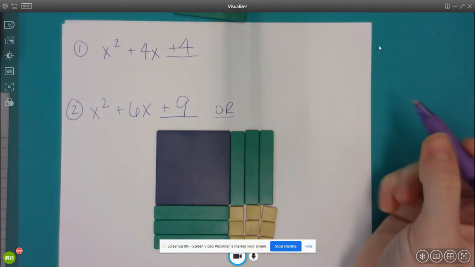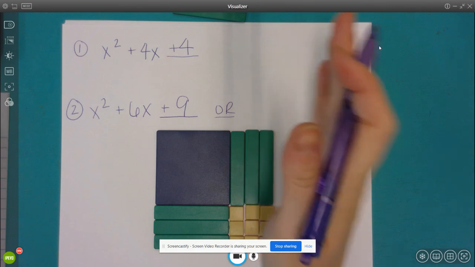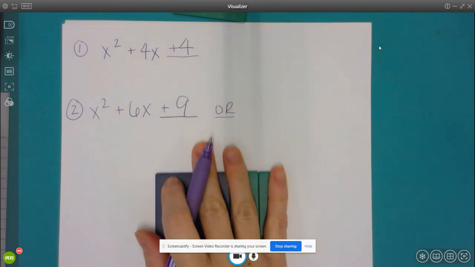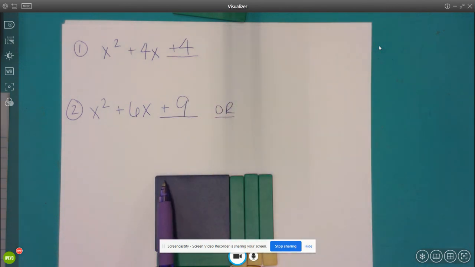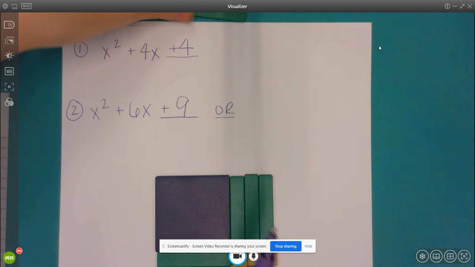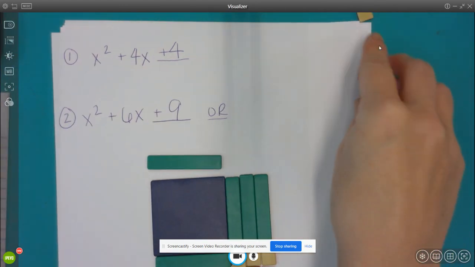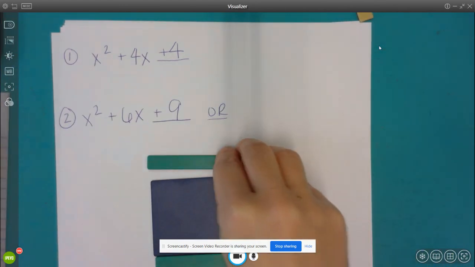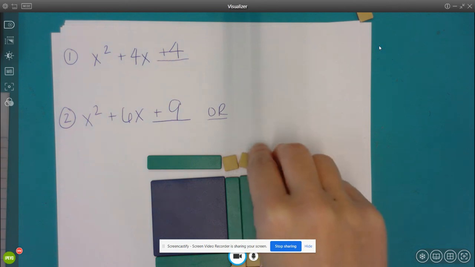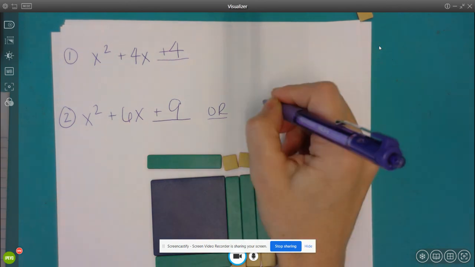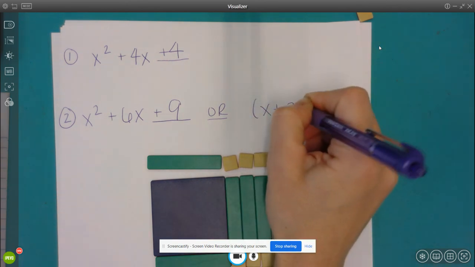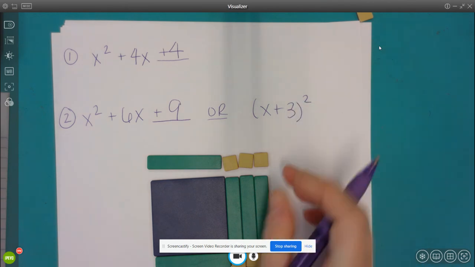So the other way I could write this, well, if I was going to look at what my side lengths here would be, and remember this is a square, so I would have 1x here, and then 3 singles along the side. So this would be x plus 3 squared.